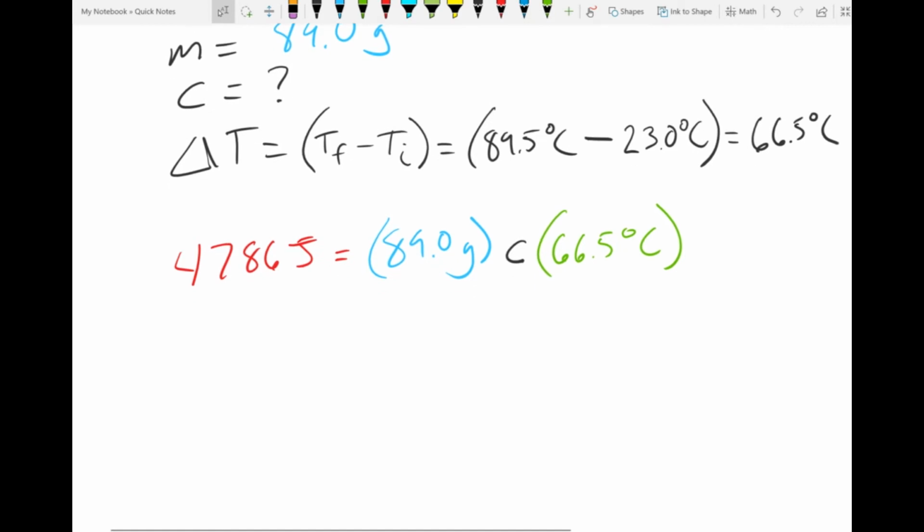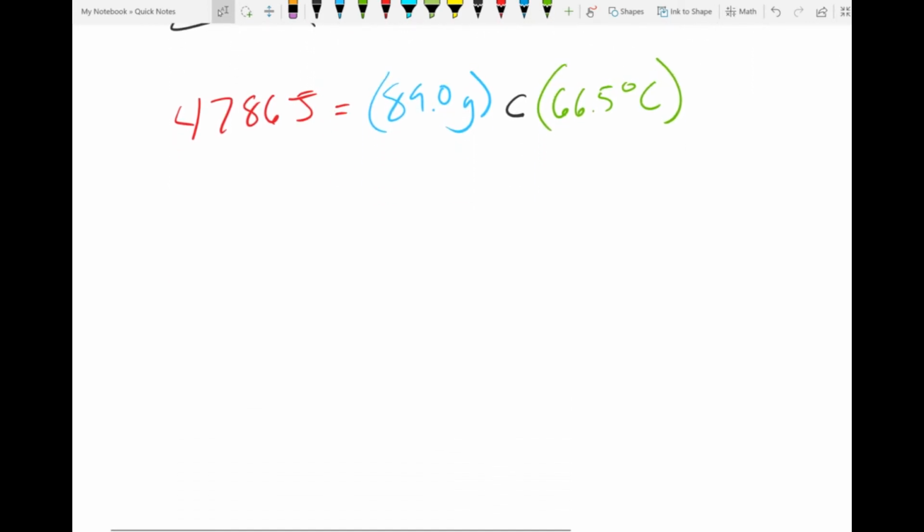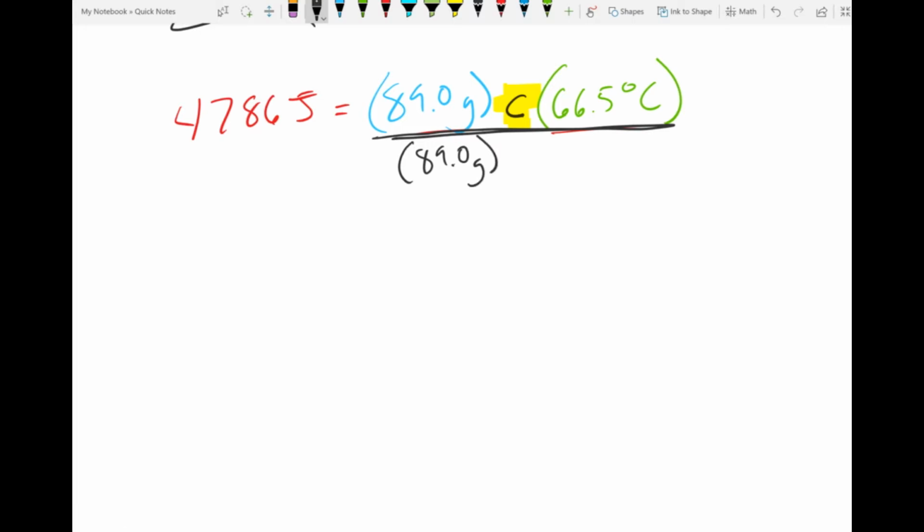So like in case 2, or like when you're trying to find mass, in this case we're not going to be able to multiply perfectly straight across. We are going to have to divide. The whole goal of what we want to do here is that we want to get this C on its own. And right now this C is being multiplied by the 89.0 grams and by the 66.5 degrees Celsius, which means in order for us to get the C on its own, we're going to need to divide, well, first of all, by 89.0 grams so that we can go ahead and get rid of it here.